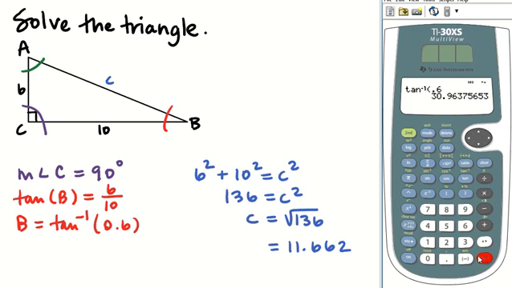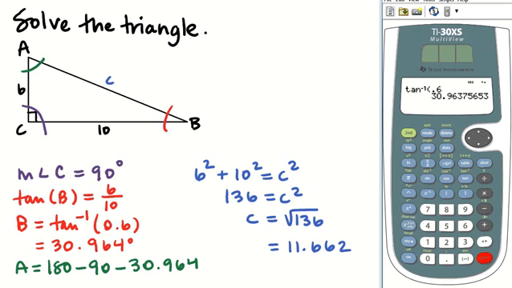That'll be 30.964 degrees. Now, if we're really confident in our work there, I could find the measure of angle A by just doing 180 minus 90 minus the measure of angle B. Okay, so I can do that.